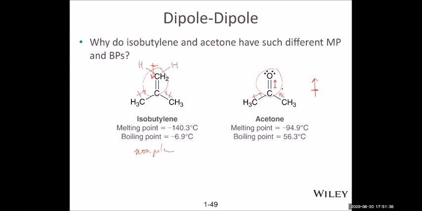So with all things considered together, acetone should have a stronger intermolecular force, which explains why the boiling point and melting point are much higher. So you can see the effect of the dipole moment causing the physical properties difference.